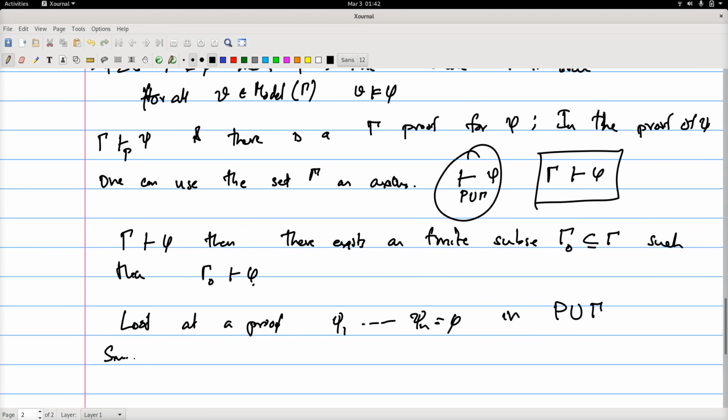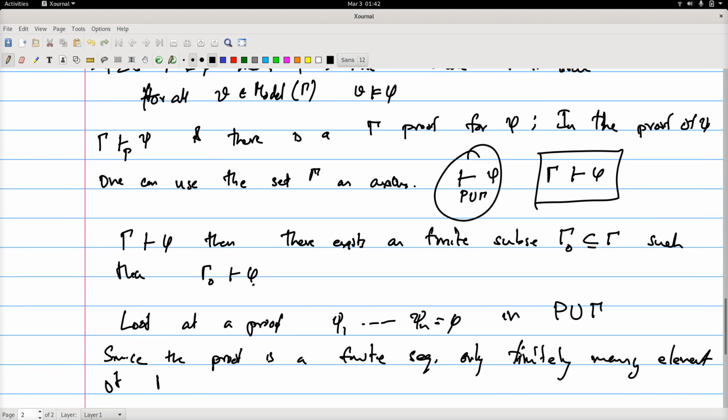Since the proof is a finite sequence, only finitely many elements of gamma would be used in it. Gamma naught is that finite subset.